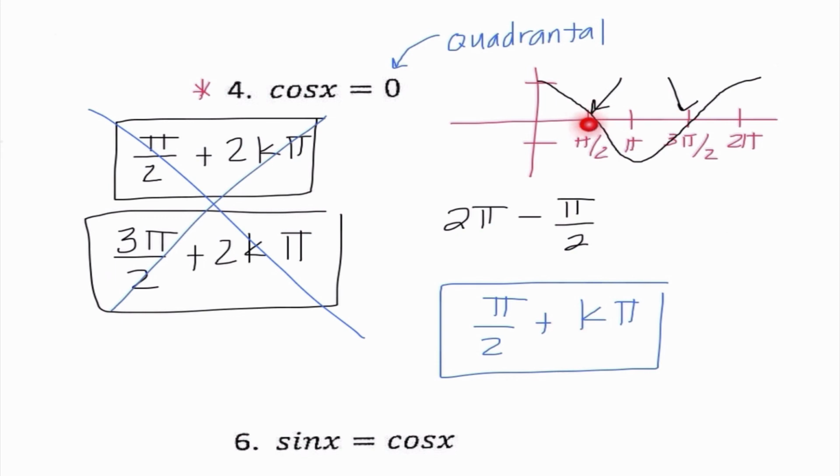Because that's saying it works here, and then it's going to work a pi later, and then a pi after that. If I go backwards by pi, it's going to work. So often when we have these ones that deal with quadrantals, we have to think a little bit more about it. This is the best way to write this answer because it is as simplified as possible.